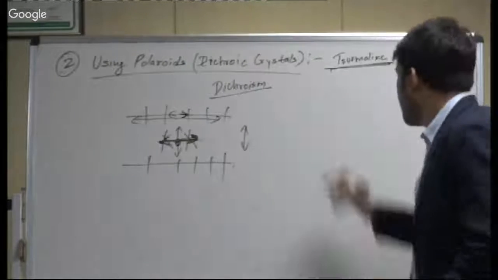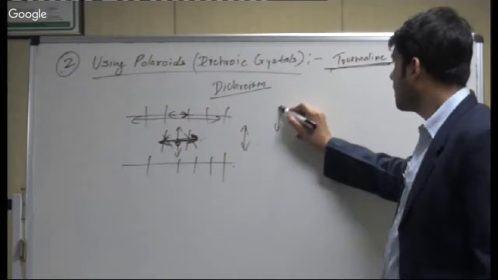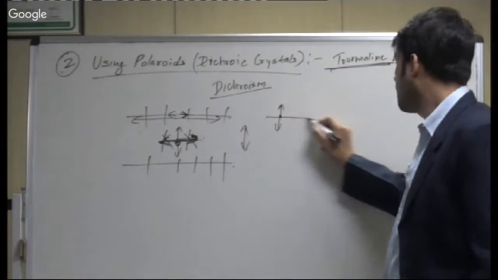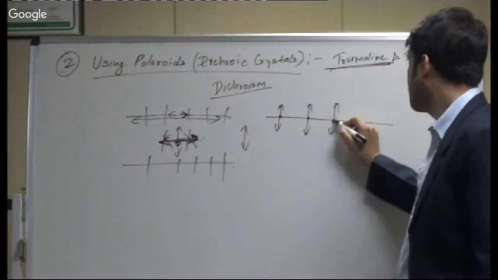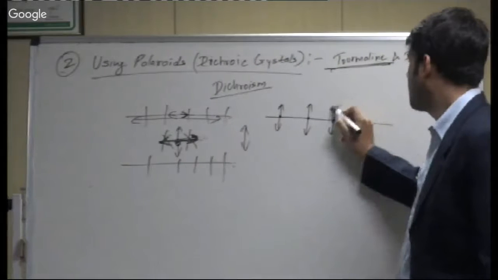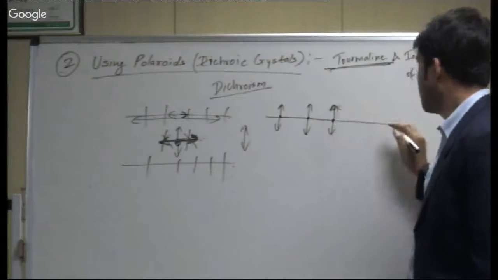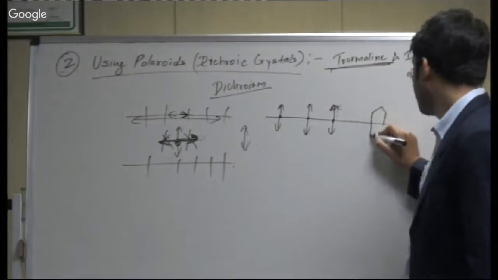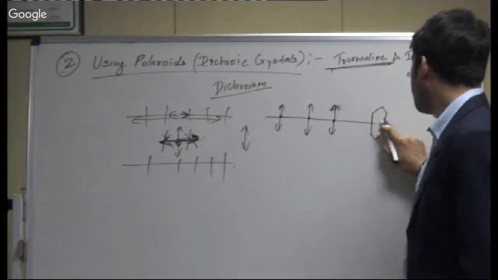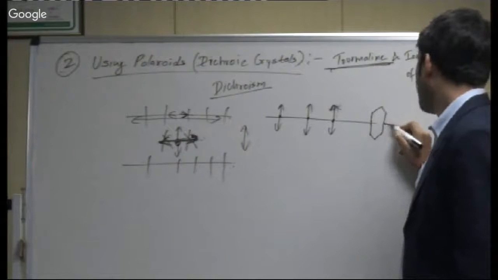Now let's see what happens if light of this type is incident on a tourmaline crystal. We generally keep the shape hexagonal. It is our representation.